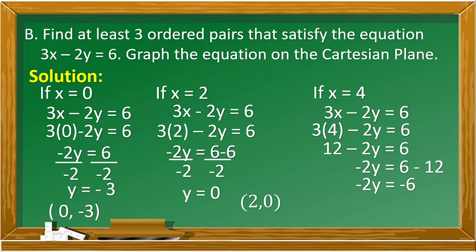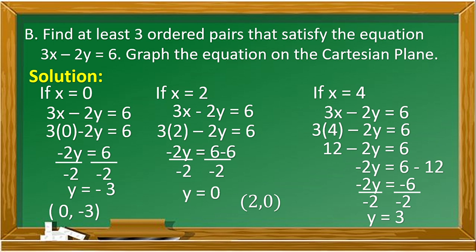By applying division property of equality, let's divide both sides by -2. -2y divided by -2 is 1y or y, and -6 divided by -2 is positive 3. And that is y = 3.